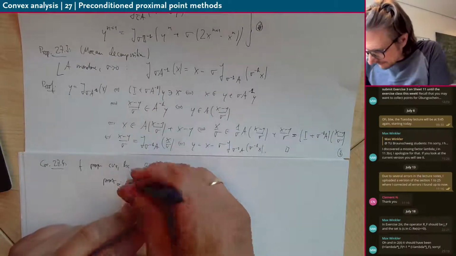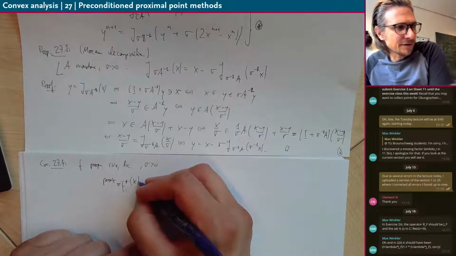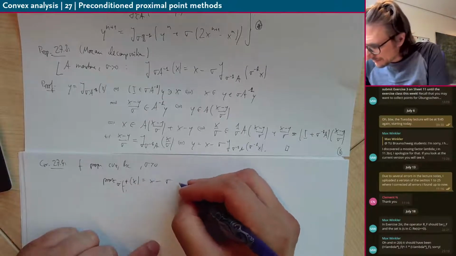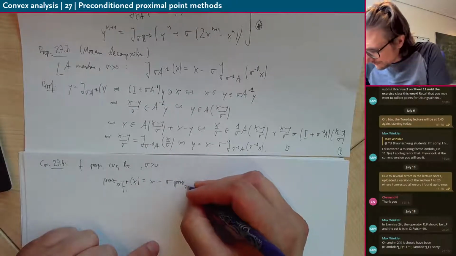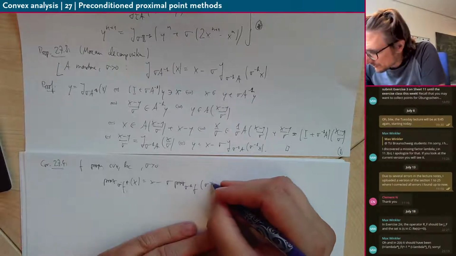We just need the prox of the conjugate, so the prox of sigma times the conjugate applied to some x is x minus sigma times the prox of sigma to the minus 1 f, applied to sigma to the minus 1 x.